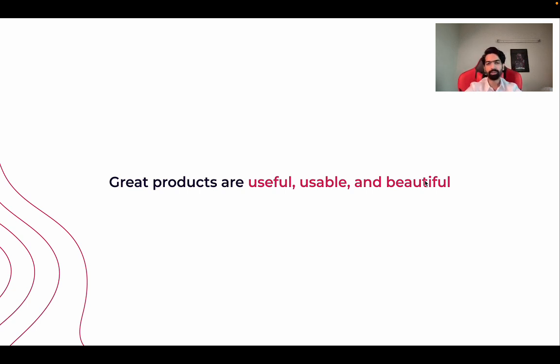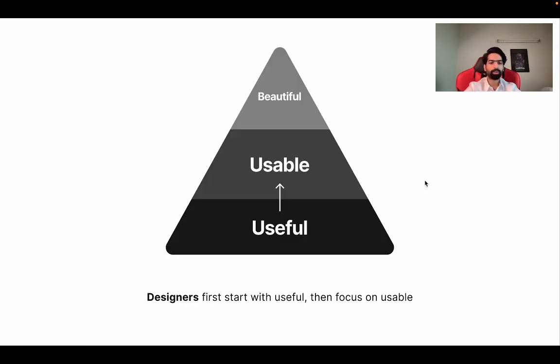Let's explore the useful and usable part ahead. Design will start with useful, then focus on usable. If you have been in the design industry for quite some time, you would have experienced that clients always try to stretch you to the beautiful part. But if you're a good designer, you would always stretch them to the useful part, because the goal of the product is to make sure that the product is useful, and it's also great to make it look beautiful.